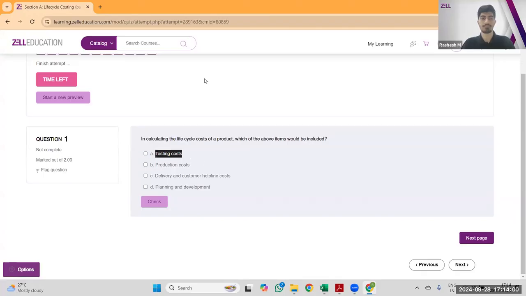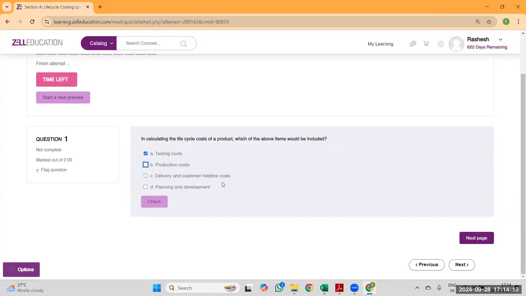Yes, because in the product development phase, we need to test the product. Correct. This cost is a part of R&D, so it will be included. Perfect. Should we include production costs? Yes. Should we include delivery and customer helpline cost?